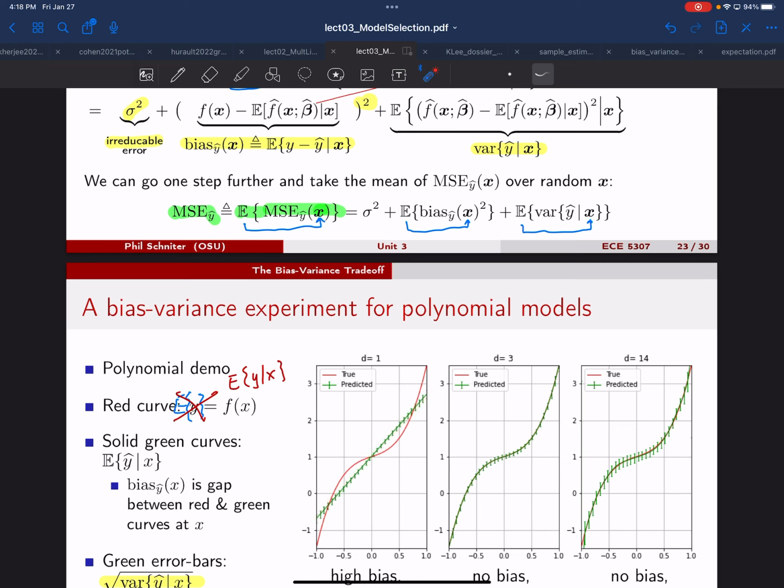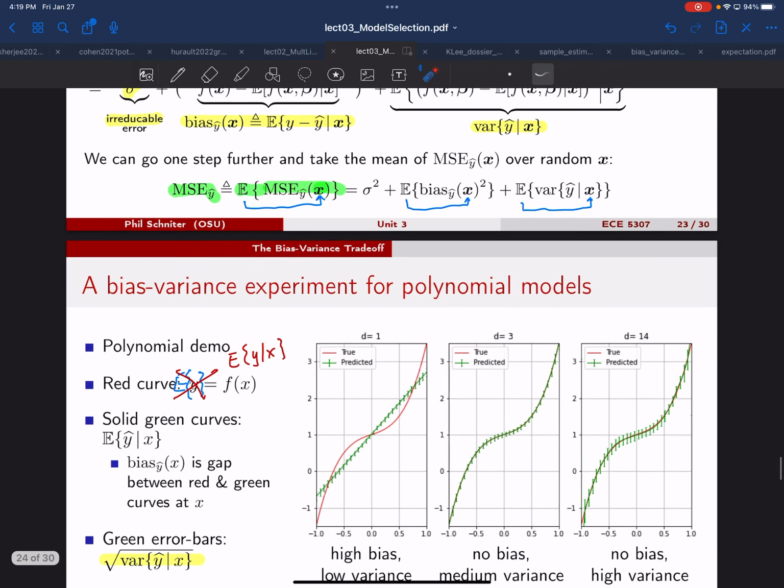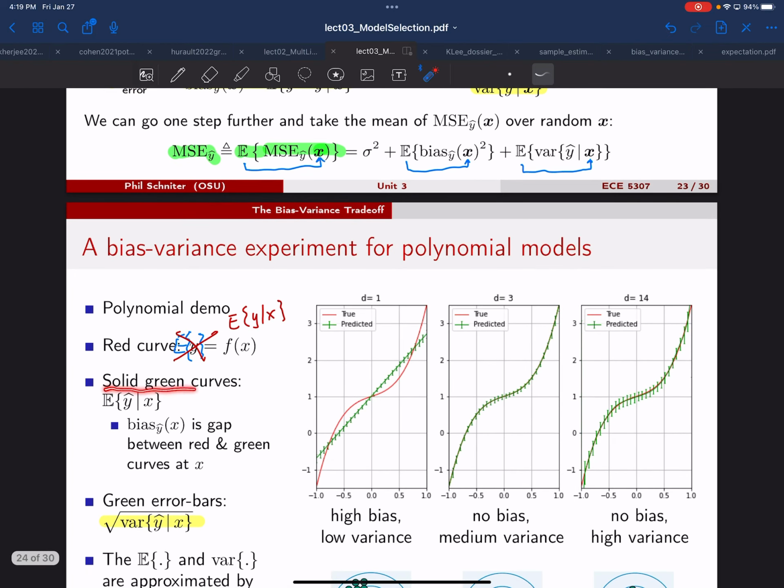We see that on average, we're not getting the correct curve. On average, there's a gap. So what do we mean by this? So the solid green curve here, that is this expected y hat given y. From a practical perspective, it's like this.